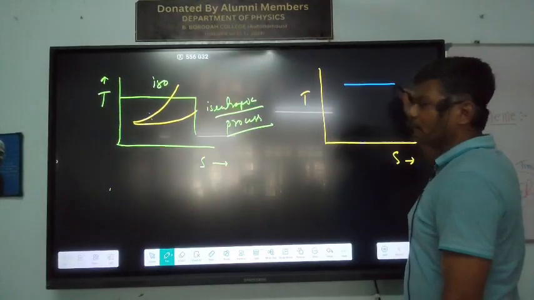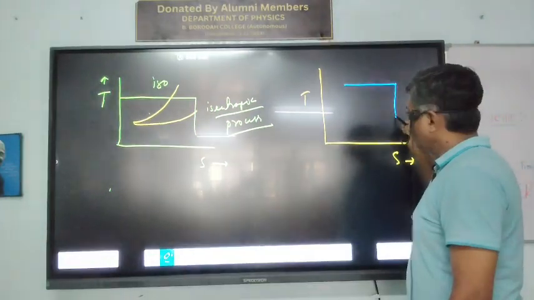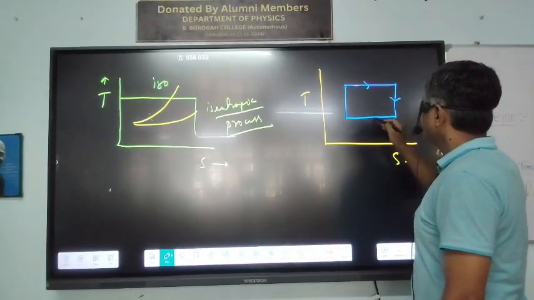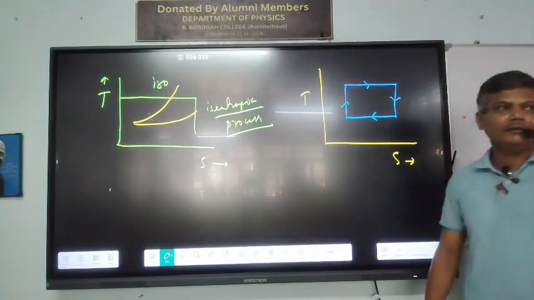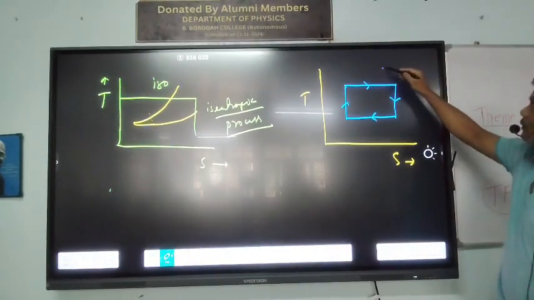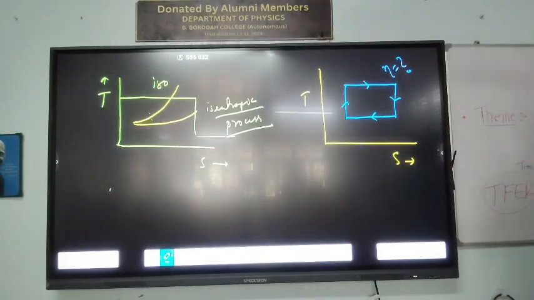So this is isothermal expansion, adiabatic expansion, isothermal compression and adiabatic compression. So this will be my Carnot cycle in the TS indicator diagram. And here you have to find out the expression for efficiency. So I will give you the notes.